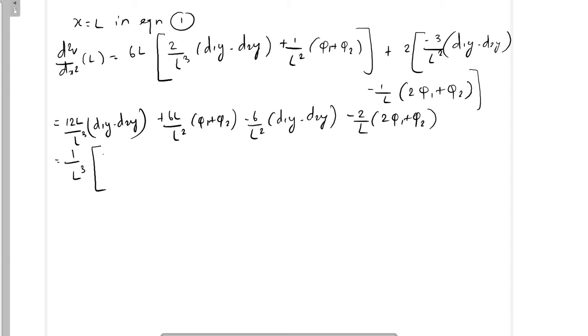So 12. At the same time, we are going to separate d1y, d2y and all the terms. So 1 by L cube outside.